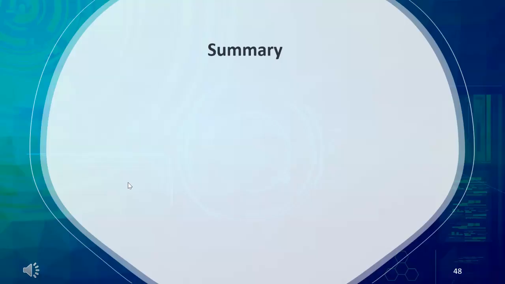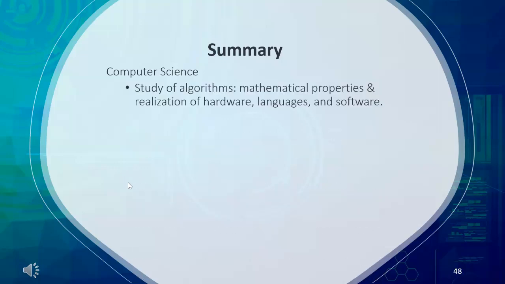To summarize, in this part, I briefly went over the concept of computer science. Computer science is the study of algorithms, so I went over the basic concepts about algorithms. An algorithm is a set of operations that are well ordered, unambiguous, producing a result and halting in a finite amount of time.